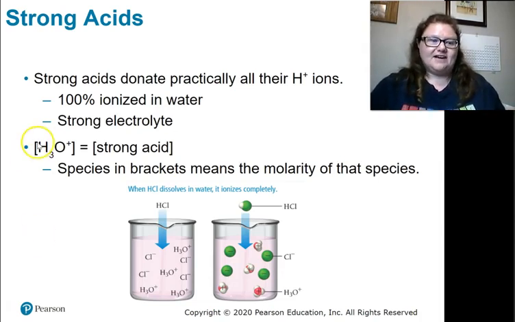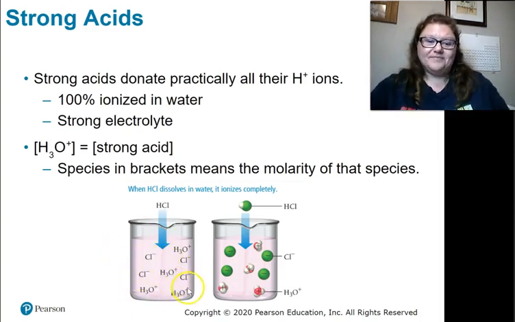Okay, the brackets here represent concentration, so molarity. You're going to see that a lot. So the concentration of hydronium is equal to a strong acid concentration. HCl would be a strong acid because when it's in water, this should say dissociate, not dissolve, because it's still there, right?